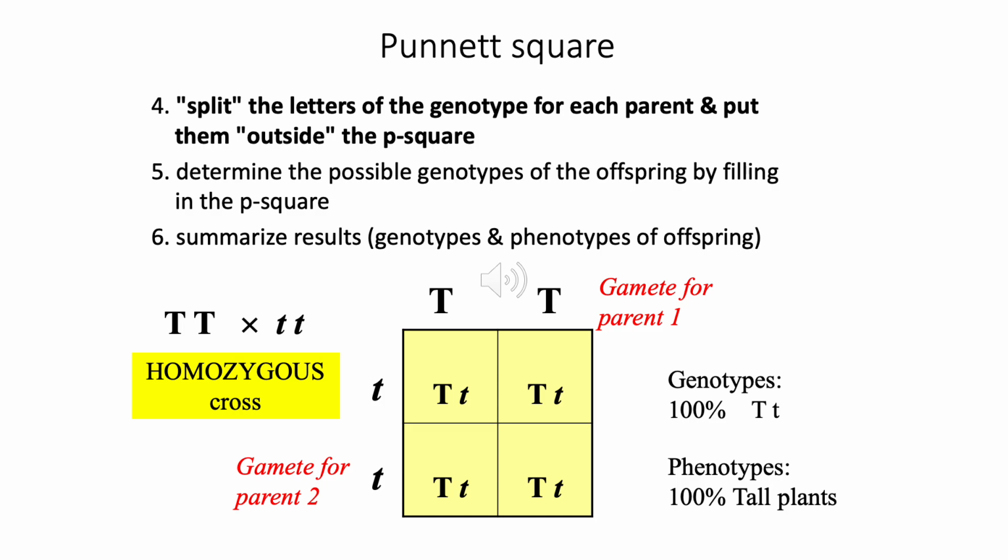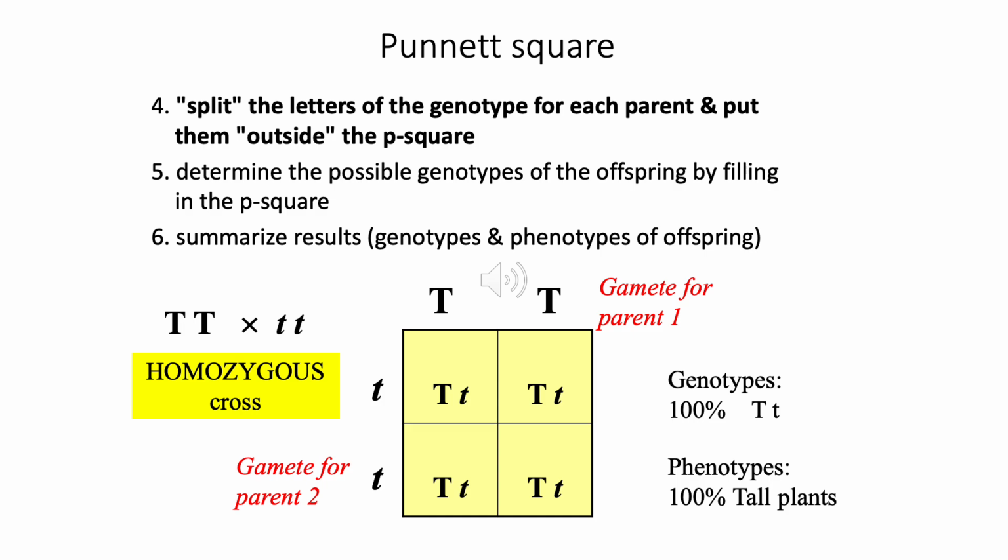Now you can split the letters of the genotype for each parent and put them outside the Punnett square. Next, you determine the possible genotypes of the offspring by filling in the Punnett square. And lastly, for each Punnett square that you created, you have to explain and summarize the result for both genotype and phenotype of the offspring produced here.